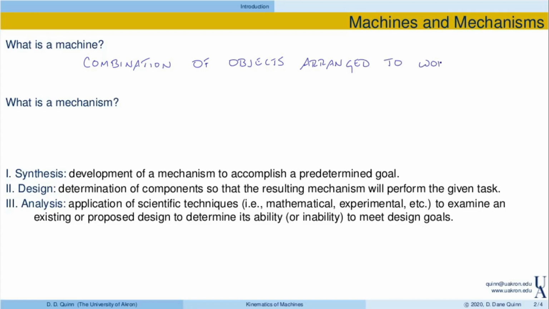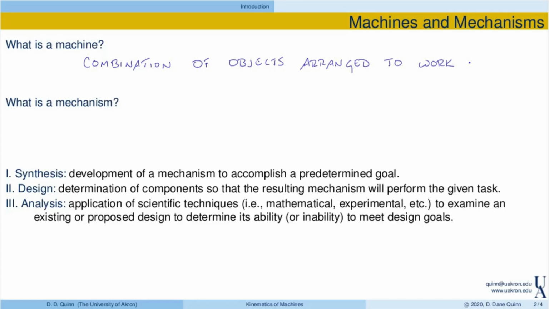So the idea behind a machine is that it's a collection of things, right? Simple, complex things, and in particular it has a goal. It is arranged and designed and put together so that it accomplishes work. Remember what work is. It's force dot displacement. So that concept has ideas of force and motion.